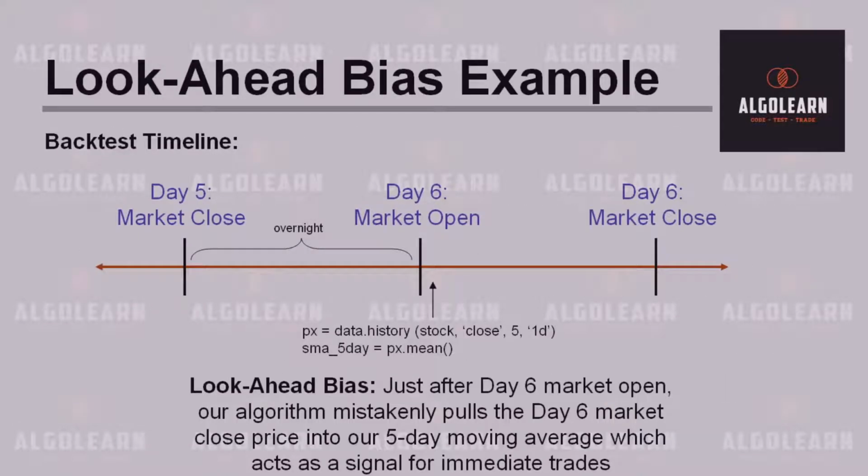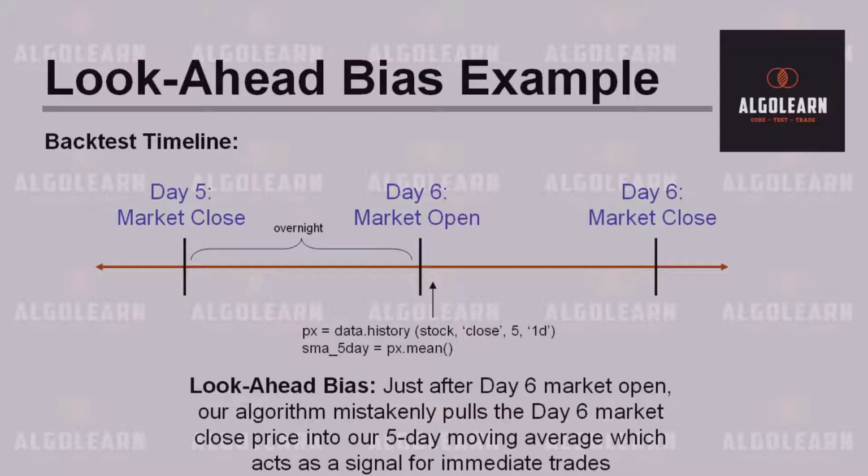A quick example. We have a backtest timeline here. We have a day 5 market close. We have a tick for that. Then we have the overnight period, and then we have day 6 market open, a tick for that, and then we have our market activity, and then we close the market day 6 on the last tick in the timeline.